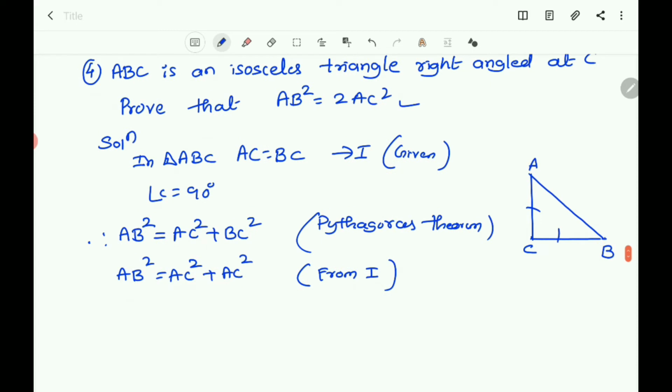Now AB square is equals to AC square plus AC square, which becomes 2AC square. AB square is equals to 2AC square. As it is an isosceles triangle, you get AB square is equals to 2AC square. That completes the proof of the fourth question.